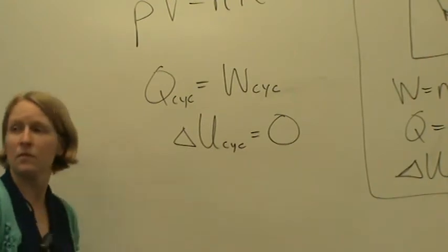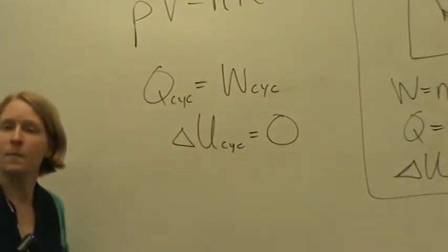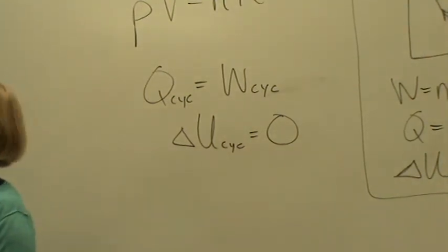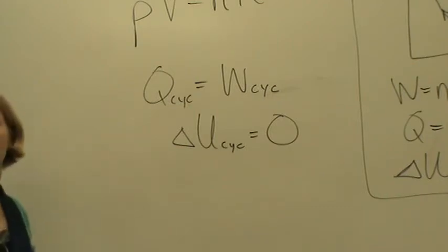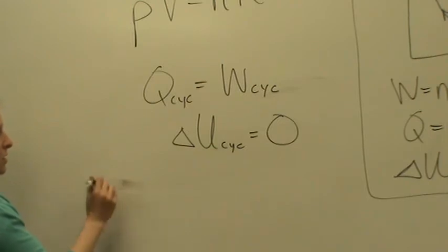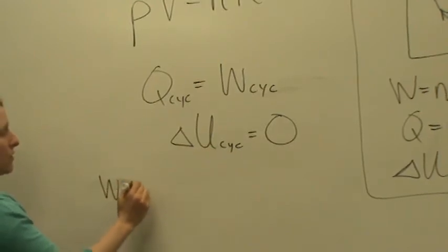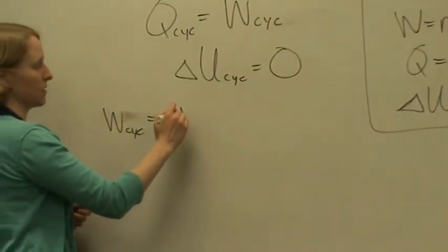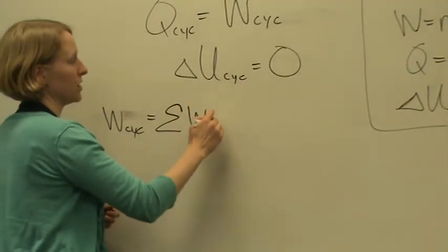Why do you say the work is positive? Because if you thought about the area under the curve between B and C, it would be greater than the area under that flat line between C and A. So you can subtract that small rectangle from that curve. Yeah, so that's a good point. So work for the cycle is calculated by taking the sum of all the works for each step.